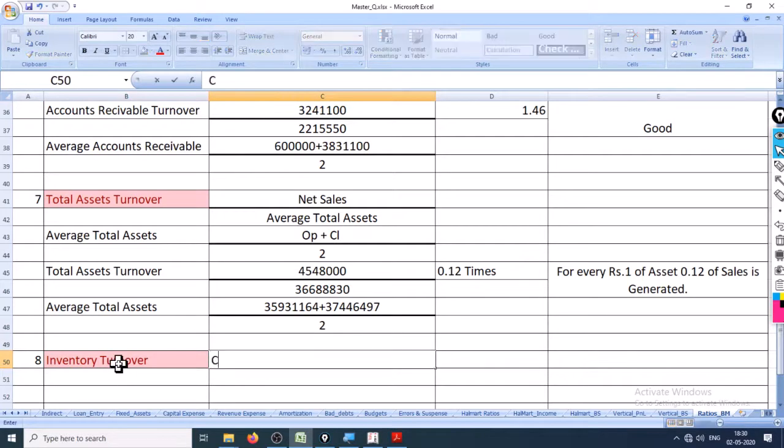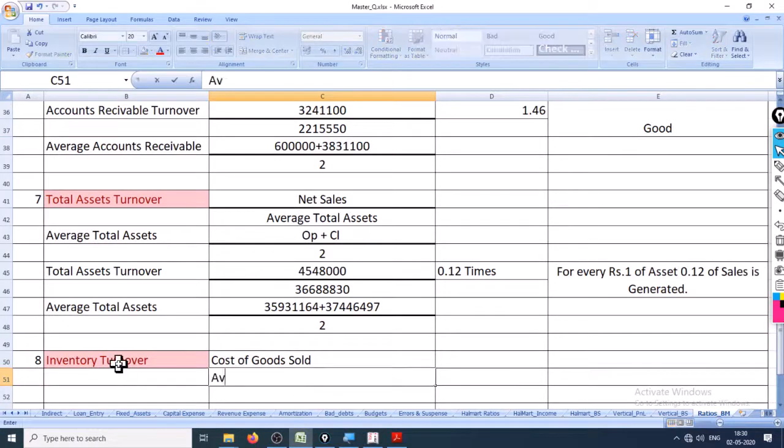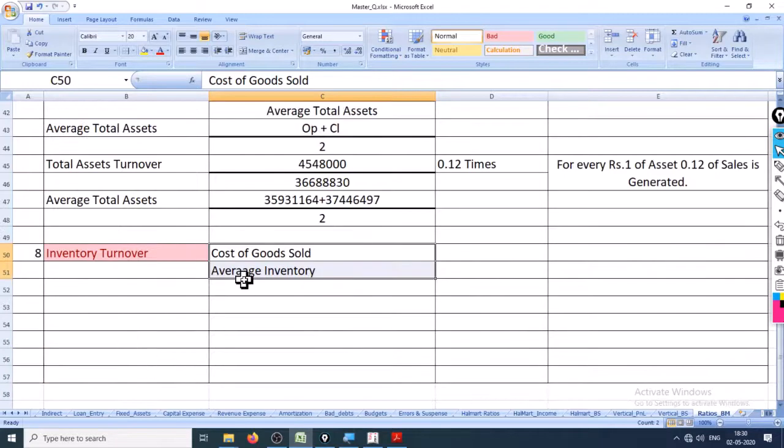That is cost of goods sold divided by average inventory. And what is average inventory? Average inventory is opening plus closing upon 2.